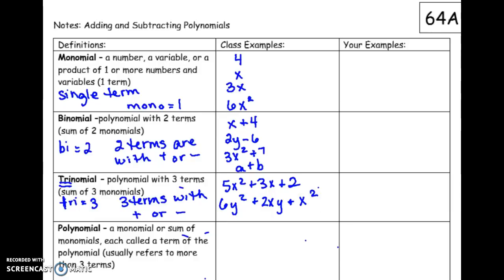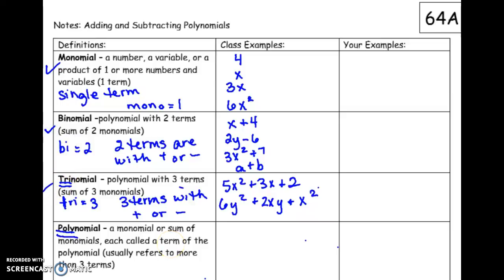Now, a polynomial, the word poly means many. It could be a monomial or a sum of monomials, each called a term of the polynomial. Usually it refers to more than three terms. If you have more than 3 terms, we call it a polynomial, but it could include any of the above: monomial, binomial, trinomial.